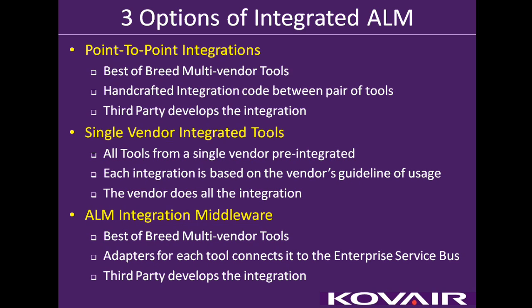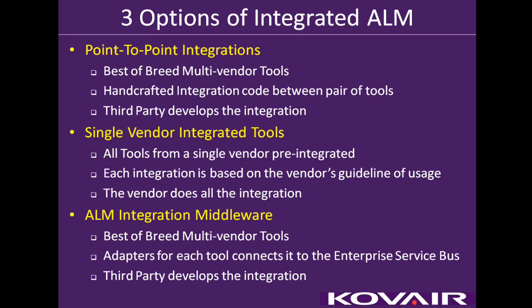And the third way is a very new way of doing the ALM integration, which is by ALM integration middleware. So the middleware is a technology which is also known as enterprise service bus architecture, which has been used in other industries for quite some time, but it is a new architecture, a new technology for the ALM and SDLC space.